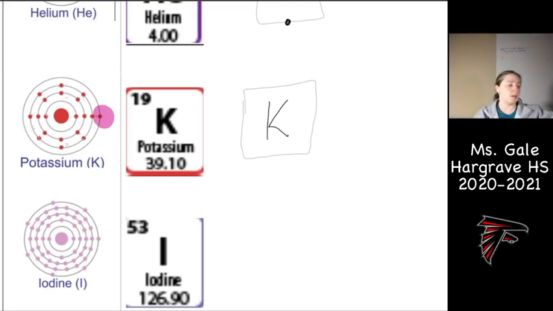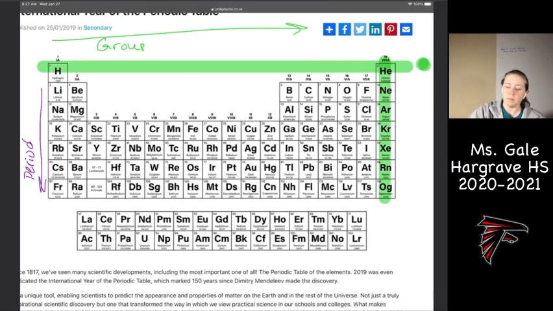So if you take your periodic table, our lovely potassium is right here. It's in group 1A. All those other 18 electrons don't really matter.